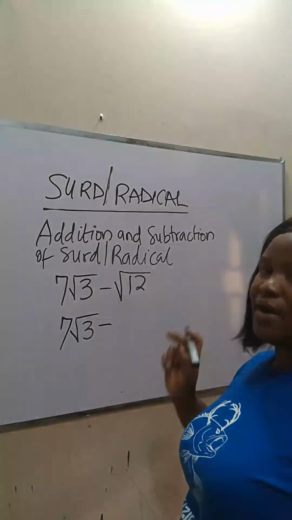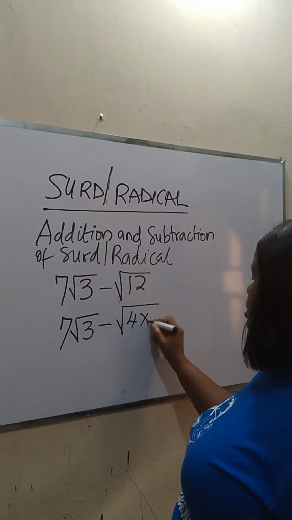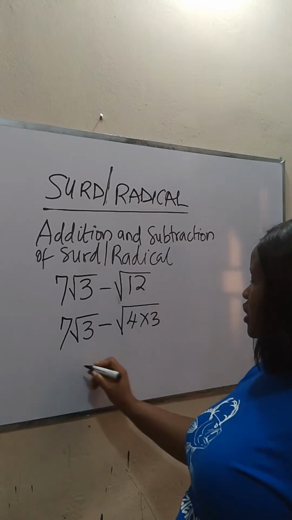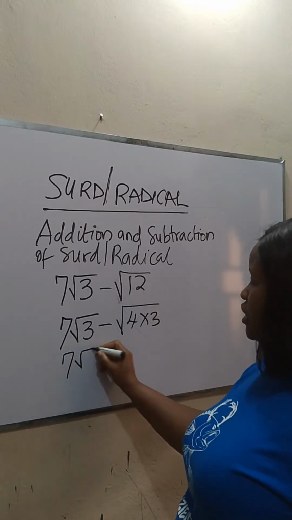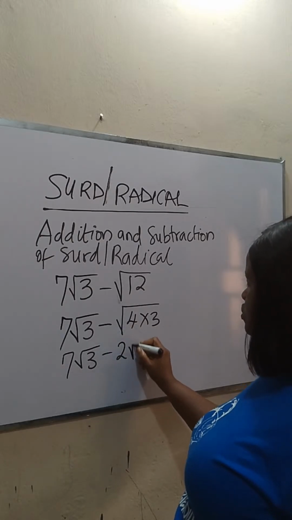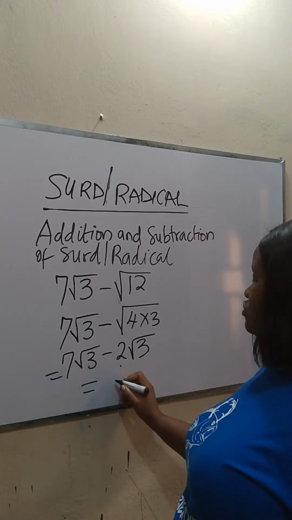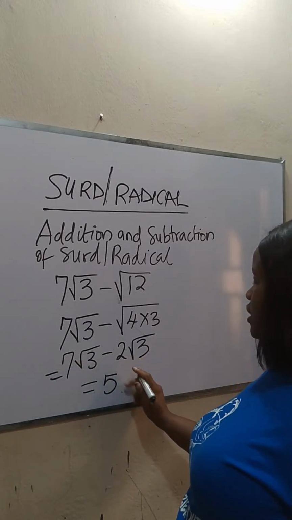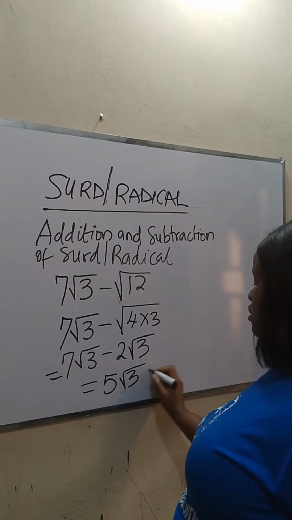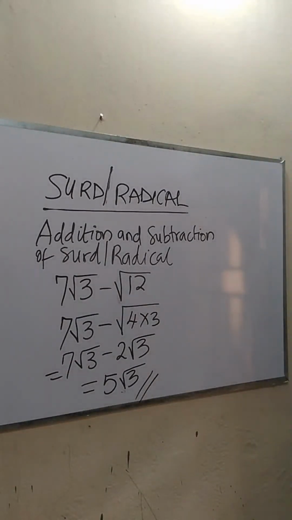So we are going to divide here by 3. And if you do that, we have 4 times 3. And this is 12. Okay? So we have 7 root 3 minus, this is 2 root 3. And this is 7 minus 2 is 5. All right? 5 root 3. That is how easy it is to solve that. It's actually very easy.